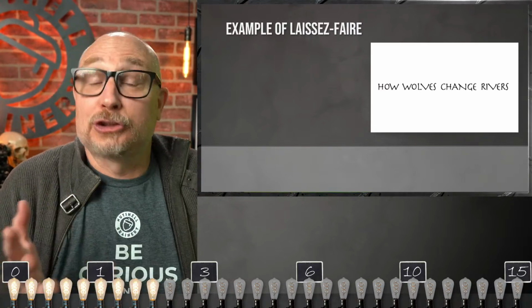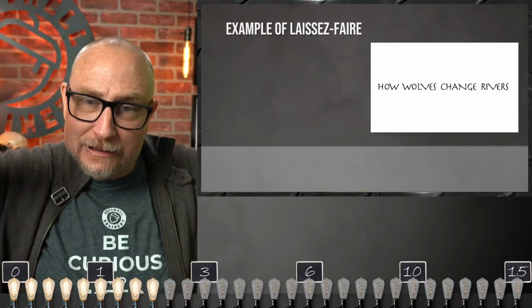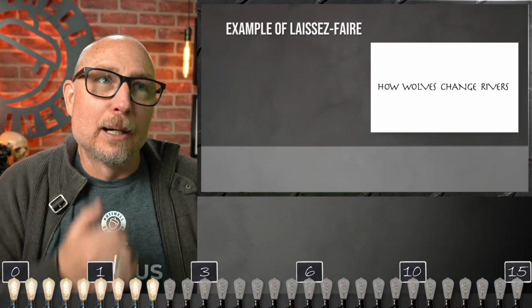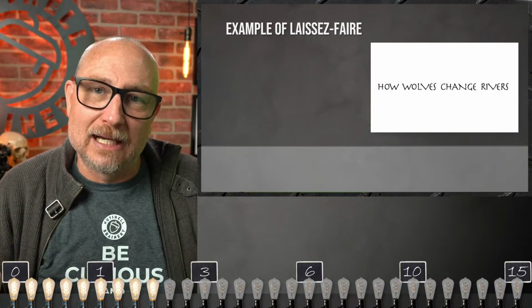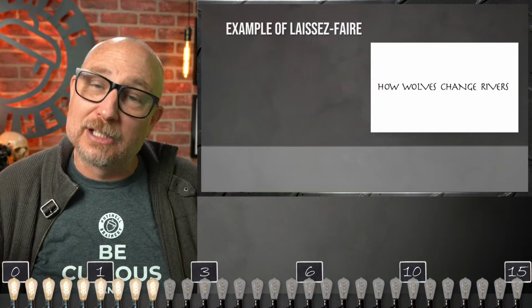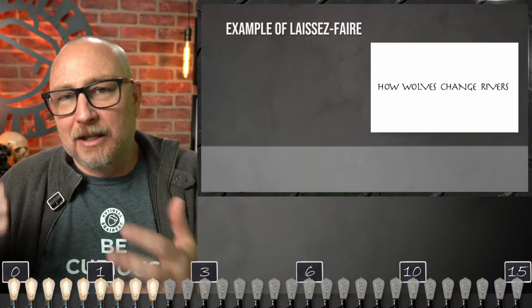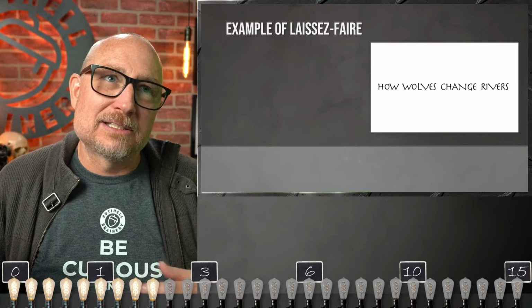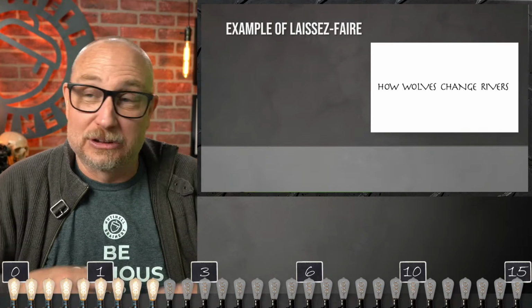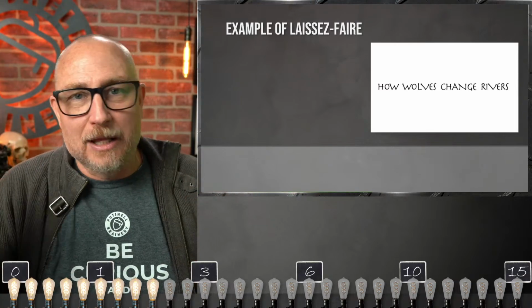Now, they actually changed the rivers. How? Well, they talked about how wolves were all part of this ecosystem, and the existence of the wolves changed the ecosystem. As a result, wolves ate more of the elk and the buffalo and so on and so forth. And so the elk and buffalo stayed up in higher ranges, and it changed their behavior. Small saplings that were always eaten because the elk and buffalo were all over the place were allowed to grow and to bring in birds and so forth.